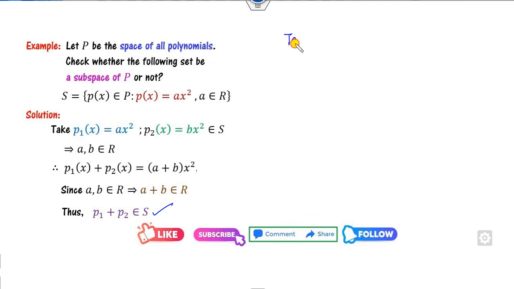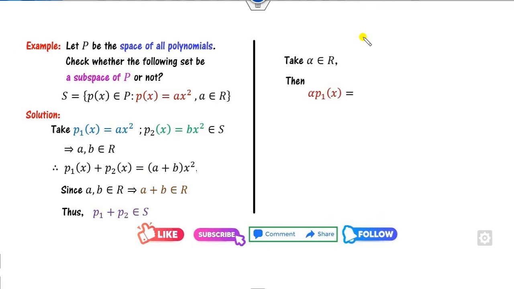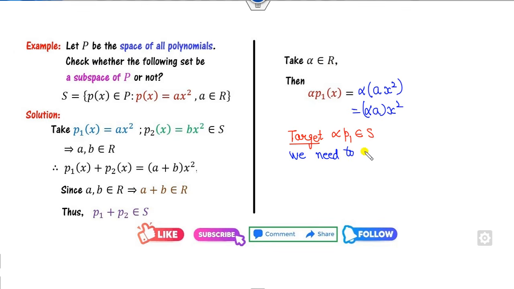Now I can choose alpha belongs to R. Then what is the value of this in a x square? That is alpha into a x square. Then what is your target? Your target is to prove alpha into P1 belongs to the S. So for this, what do you need to prove? We need to prove only that alpha times a, the coefficient of x square, is a real number.